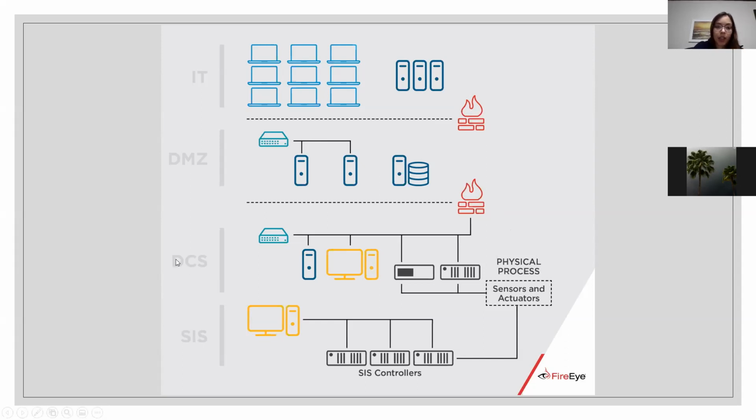So then we talked about distributed control systems, so that DCS. So here we have different engineering workstations and PLCs, and then sensors and actuators. And those also are communicating with SIS controllers, which are monitoring to see if it's staying in a safe state.